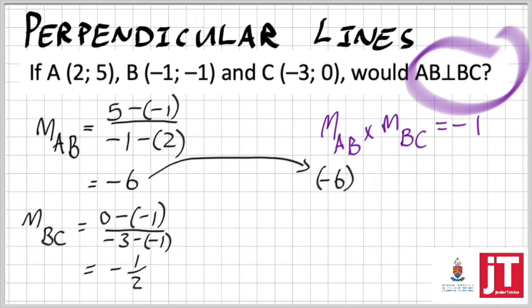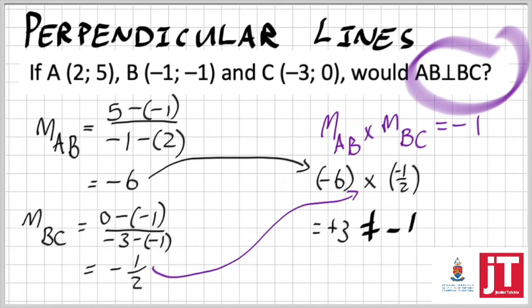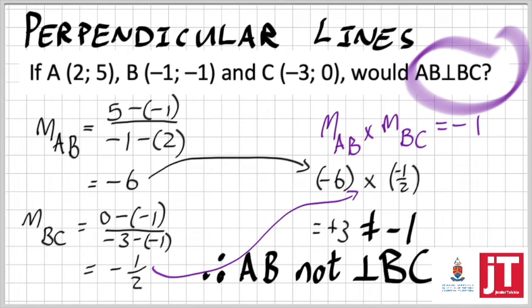If I multiply the -6 by the -1/2, my apologies there, my answer that I get is +3. Now that is definitely not equal to -1. And hence, the two lines are not perpendicular. As simple and as easy as that.